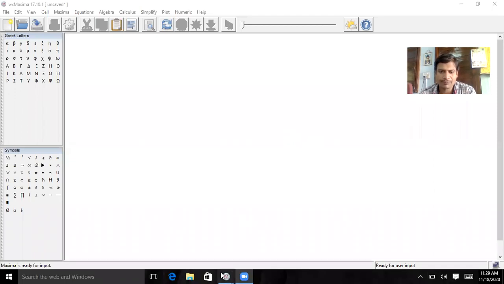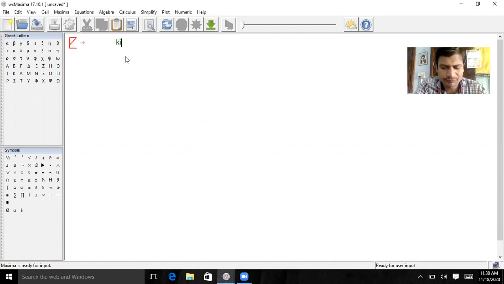And this is where Maxima opens. First, I am typing another method for solving this system of linear equations. First, in the first line, type kill(all) and then the dollar symbol, and only press enter.